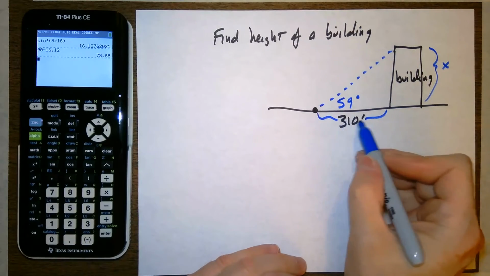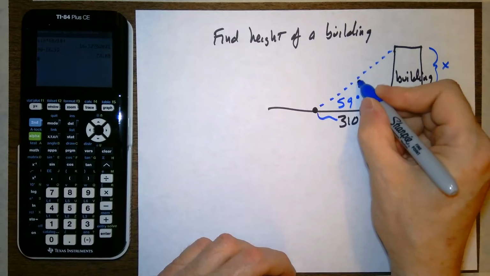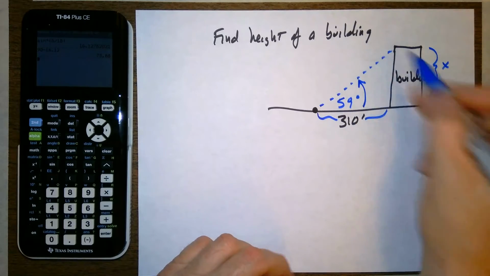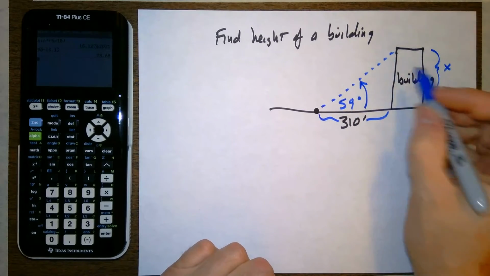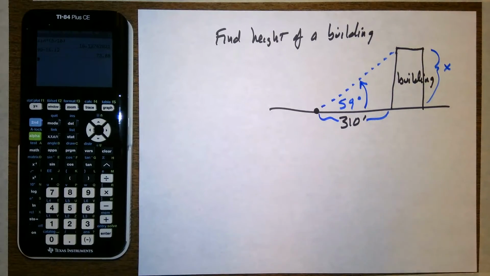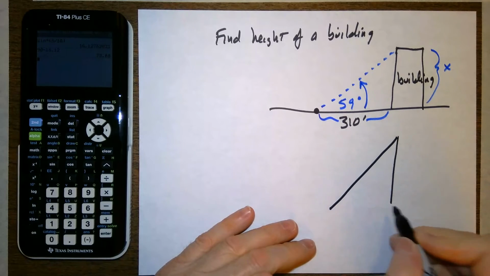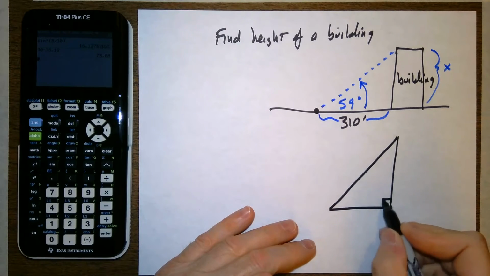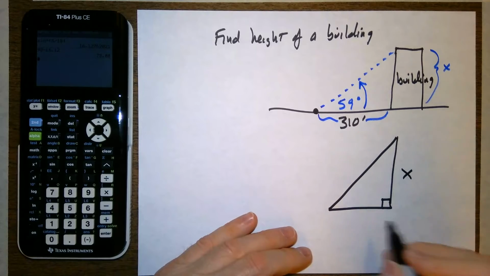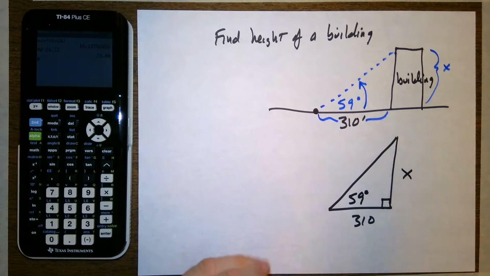So 310 feet away at an angle of elevation looking up, there's my angle, 59 degrees, I can see the top of the building. So do you see the model here? I've got a triangle here. If I just pull out just the triangle model, the right triangle, I've got x, 310, and 59 degrees.